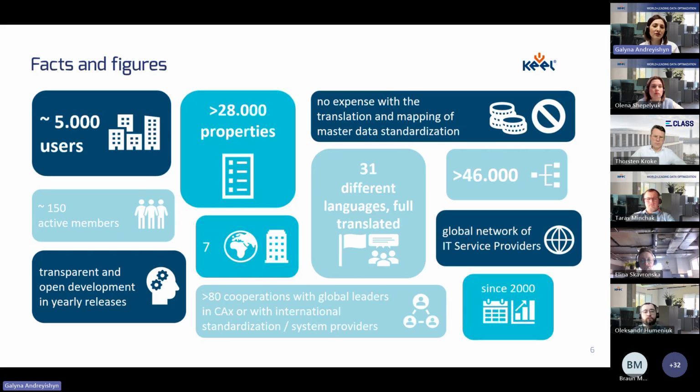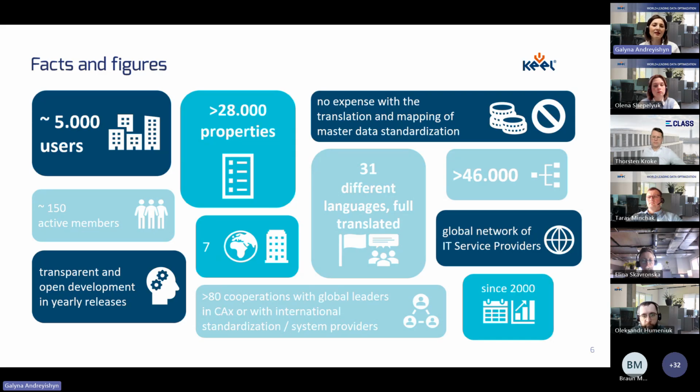One of its major strengths is multilingual support: 31 fully translated languages, ensuring consistent understanding across international projects. ECLASS is used by approximately 5,000 organizations worldwide and has been continuously developed through transparent, open annual releases.